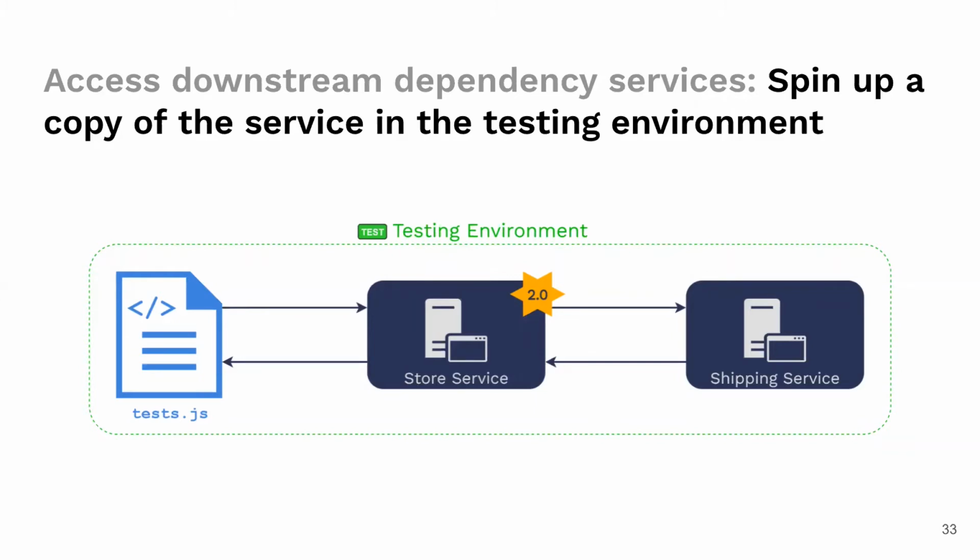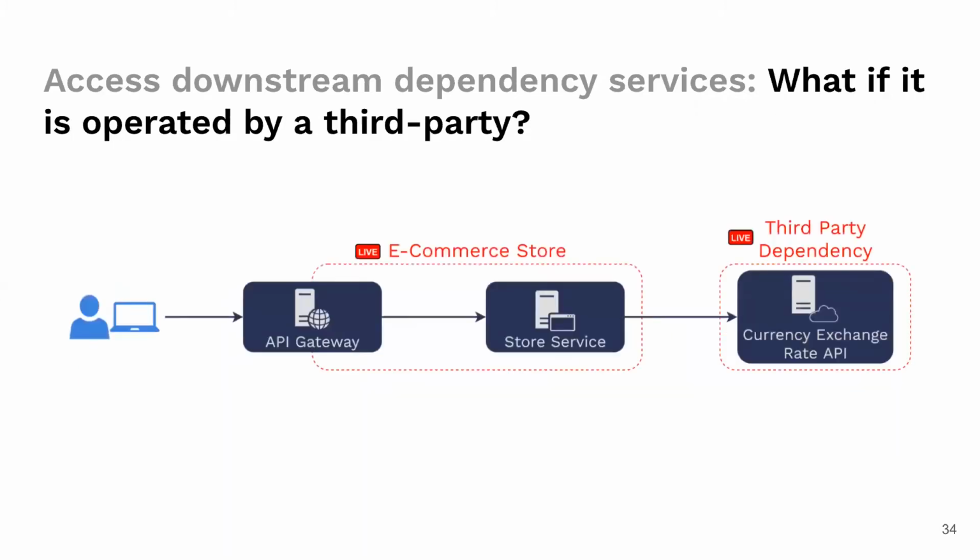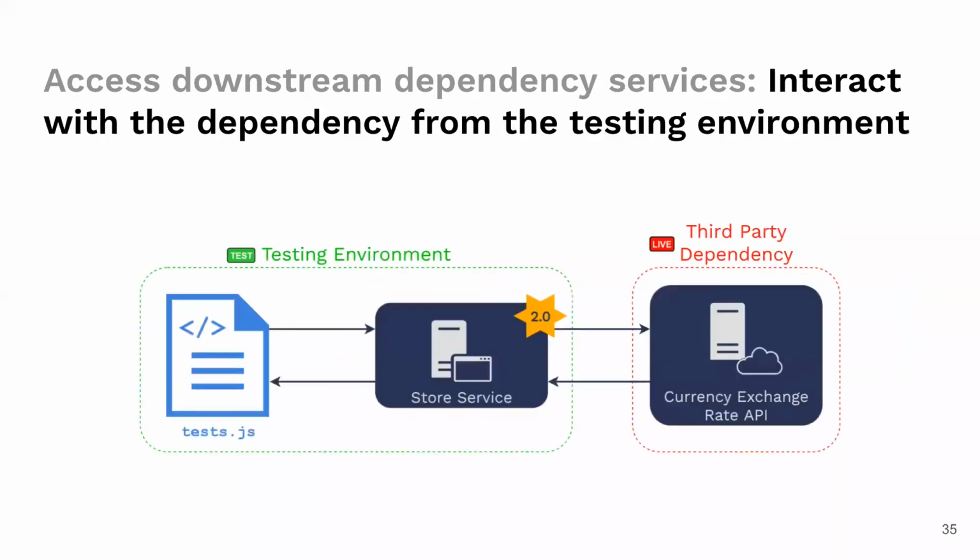And if the dependency is operated by a third party, which is the case in this example architecture, the approach changes. Because the dependency is owned by a third party, Aaron can't spin it up locally. Instead, they can interact with the actual third-party dependency from their test environment.